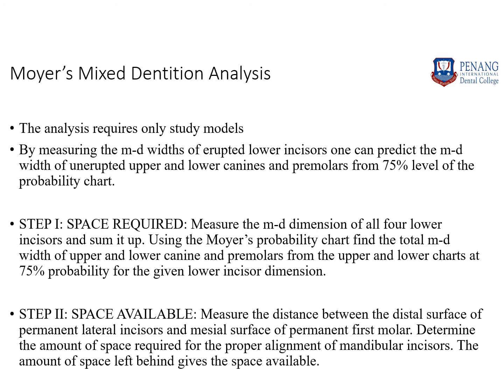So all these work in conjunction with the probability charts. So whatever mesiodistal widths you have measured, you will do a comparison with the probability chart for you to understand or estimate or predict the mesiodistal widths of unerupted upper and lower canines and premolars based on the probability chart. So the probability chart plays a very important role here.